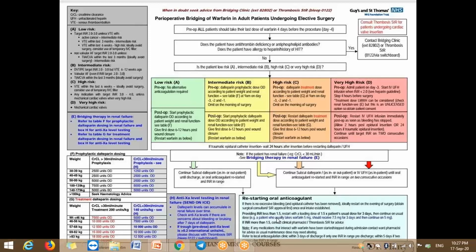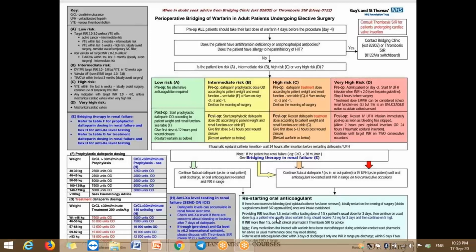I will be guided by the INR. It should be kept between 2 and 3 or 3 and 4 according to the risk assessment and the VTE specialist. And after that, if I reach the INR, I stop the low molecular weight heparin and continue with the woman on her warfarin. Does this make sense? Clear? Or I will repeat? Yes, sir.